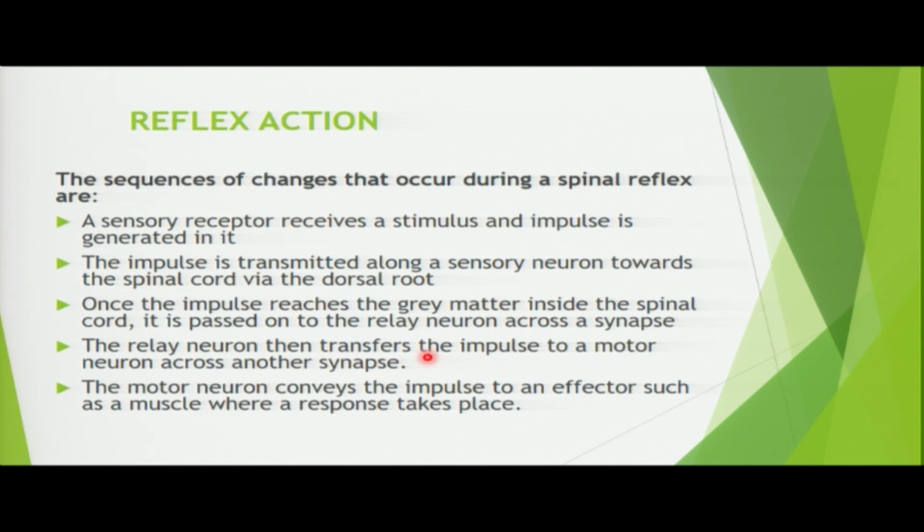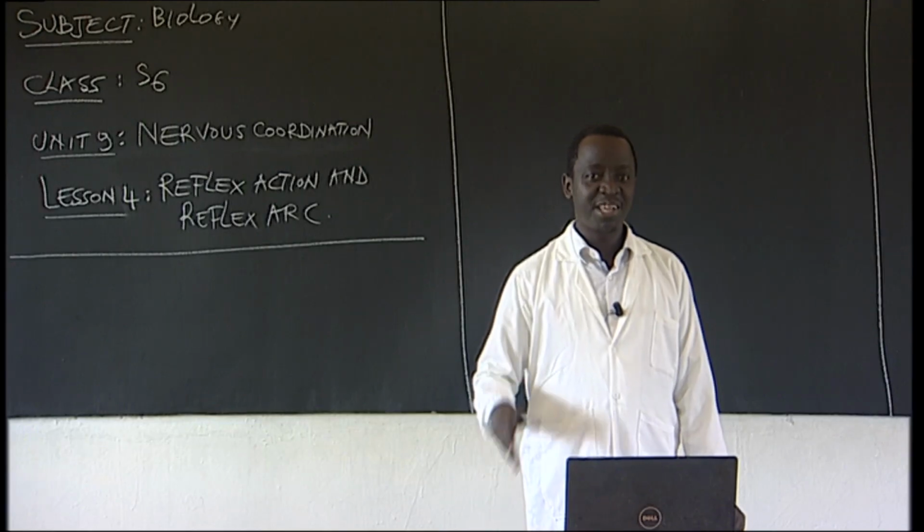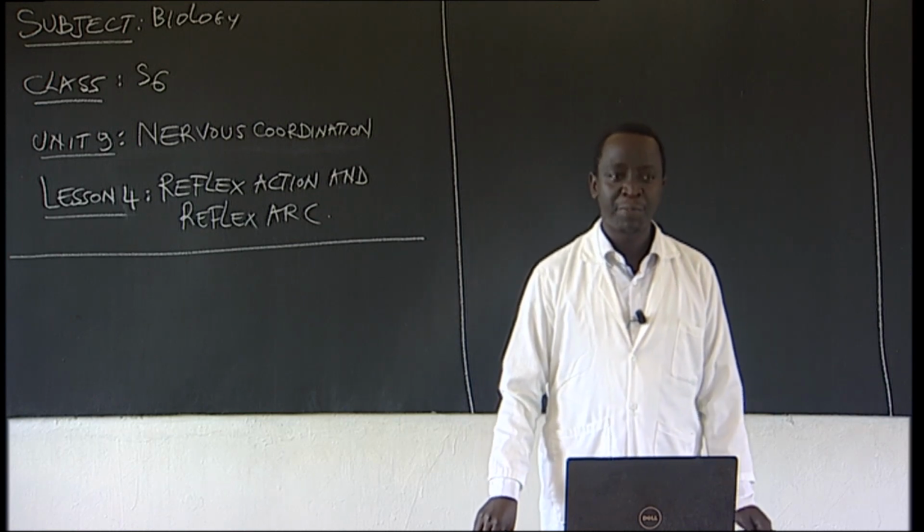Remember, a motor neuron is a neuron that carries information from the central nervous system to the effectors. Now, the motor neuron conveys the impulse to the effector, such as a muscle, and a response can now take place. Are you getting this? Are you getting the changes that happen when there is this reflex action?